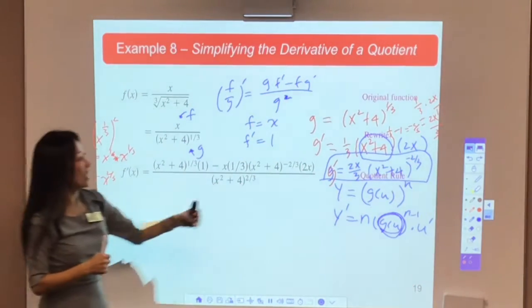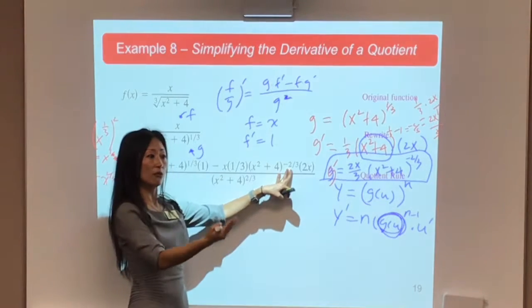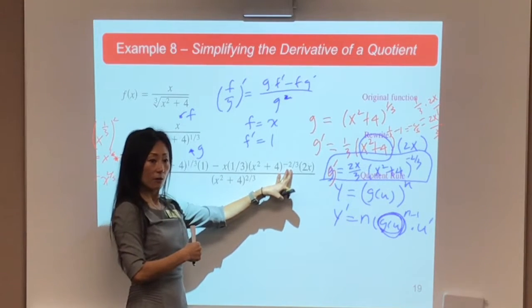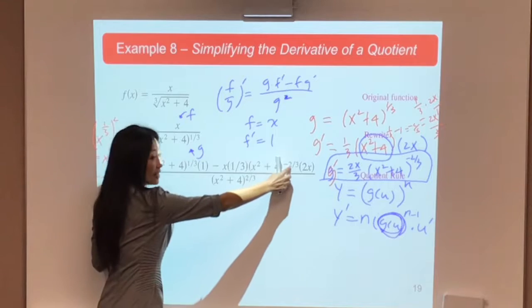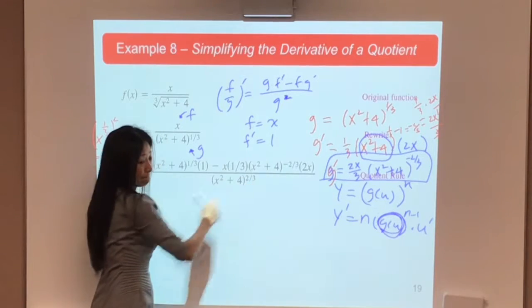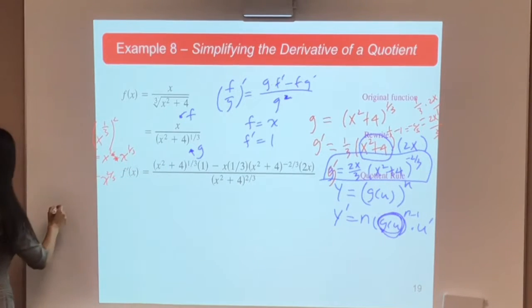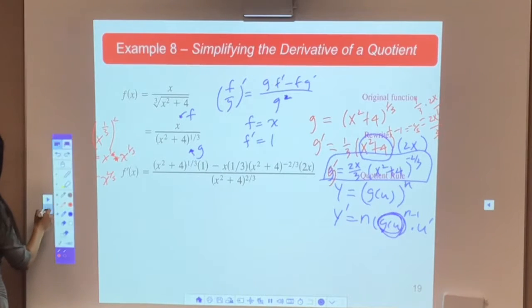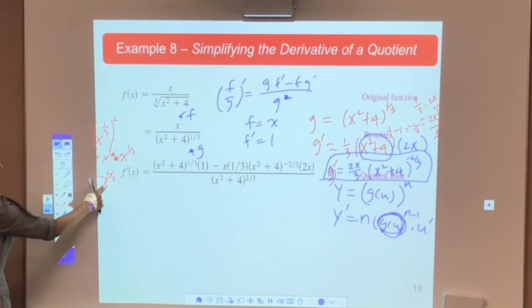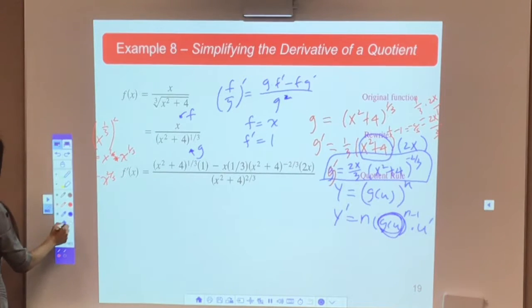Since I have a negative power, I'm going to factor out the negative power. You write that down, the red over there, where you did the x to the 1/3.